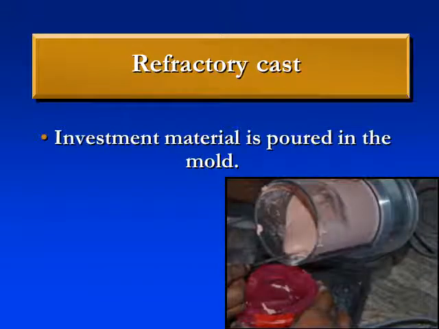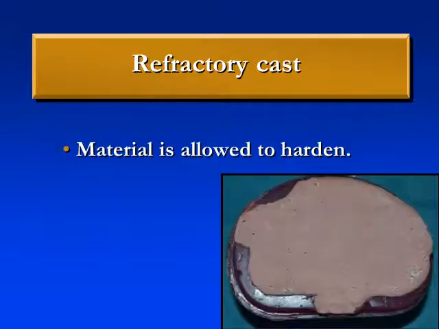So, the steps of construction of the refractory cast: the investment material, after reaching the suitable consistency, is poured into the mold space made by the duplicating material. After it is poured inside the duplicating material, the material is allowed to harden and to reach the acceptable amount of expansion.